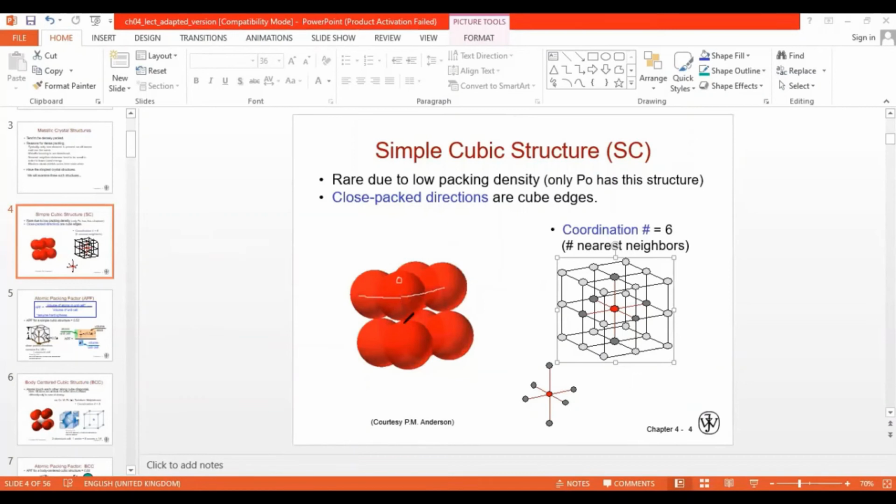This is in contact with this atom, these are in touch. And if I place another layer of atoms here, this will be in contact with the atom on the top also.